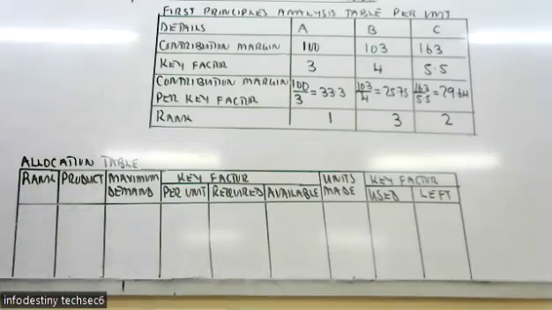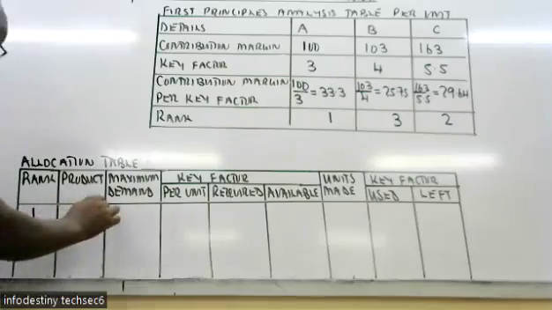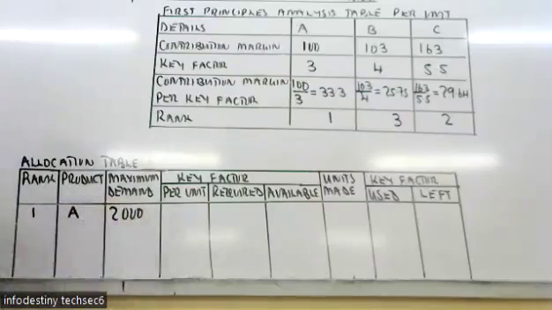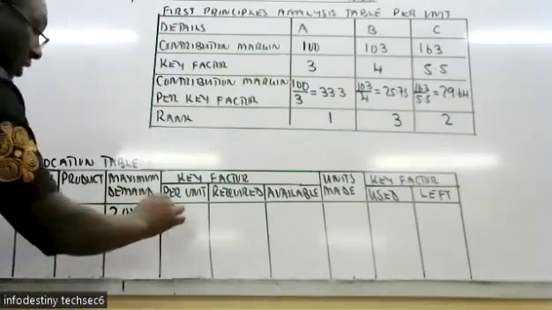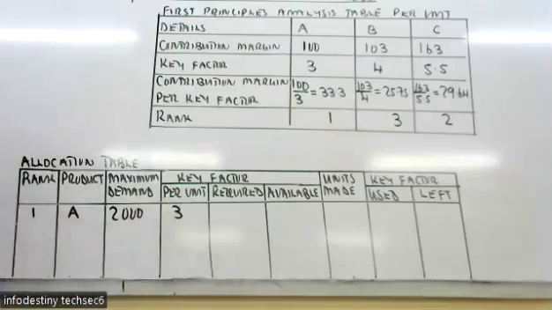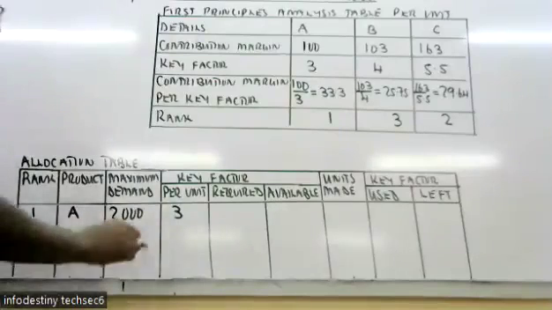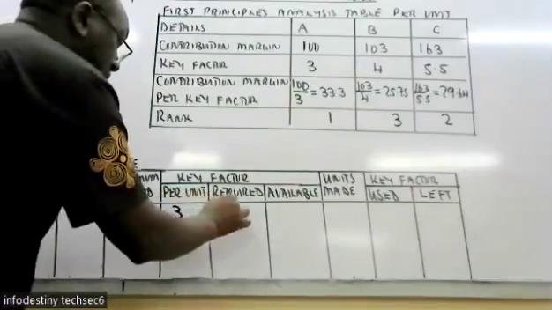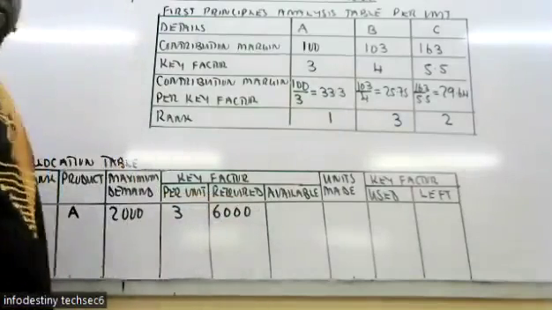Sasa, rank, we feel like this. Rank number 1. The product which is number 1 is product A. Now maximum demand ya A equal 2,000. Now per unit it is 3 hours. Now that means we require what? 6,000 hours.